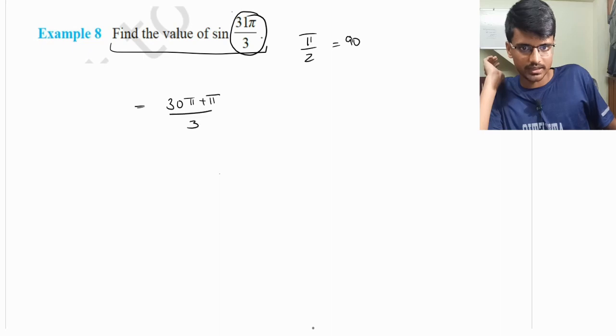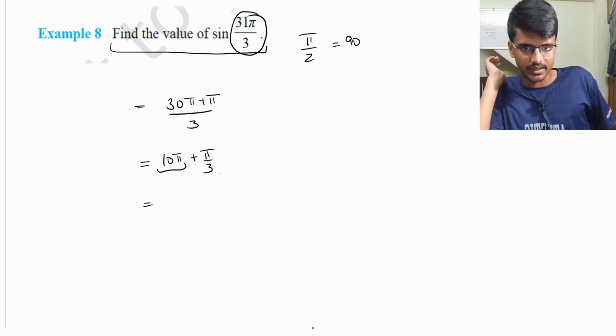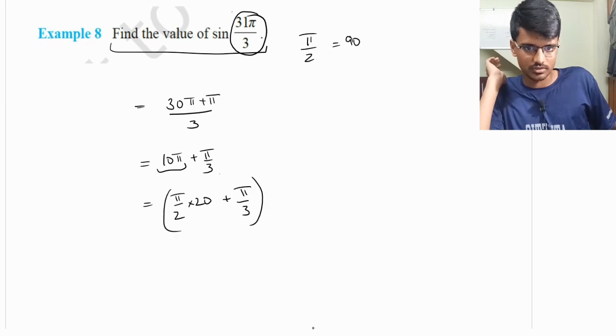That is, 10 pi plus pi by 3. 10 pi I can write as pi by 2 into 20, plus pi by 3. Now I have expressed this in terms of pi by 2.